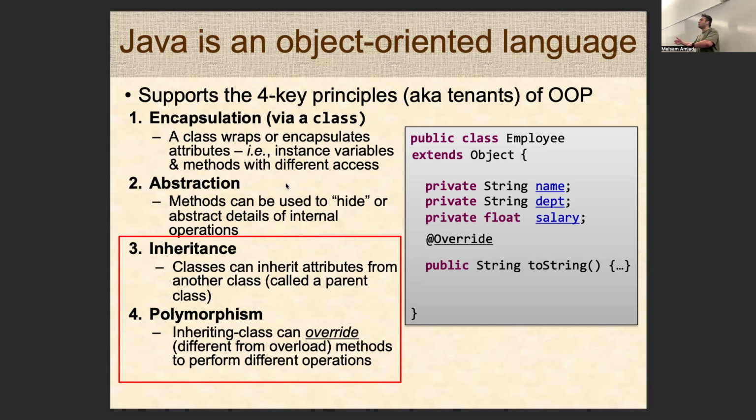Those methods are there so you can call them to work with your data, which are the instance variables. We gather all those things and put them in one class. That's the whole idea of encapsulation: we encapsulate everything related to the data that you're trying to create in one class.